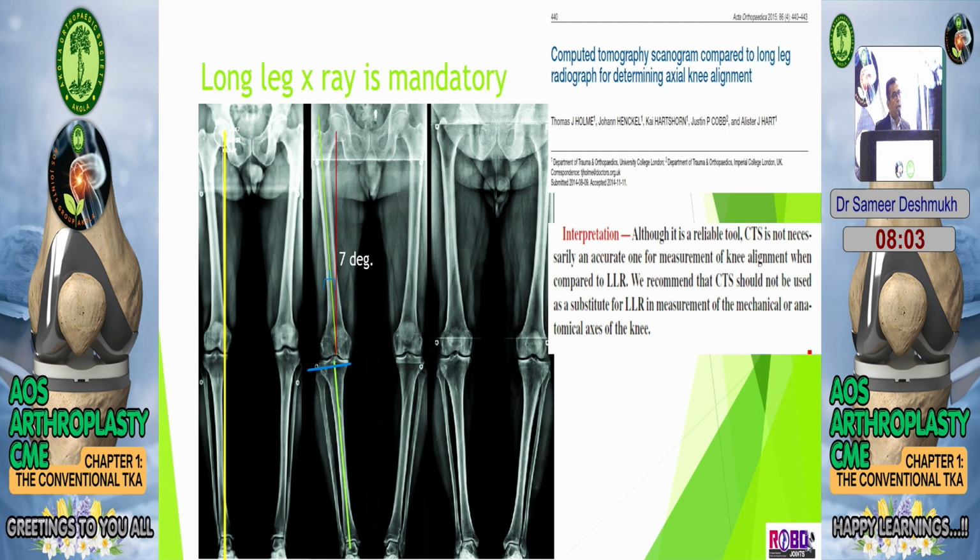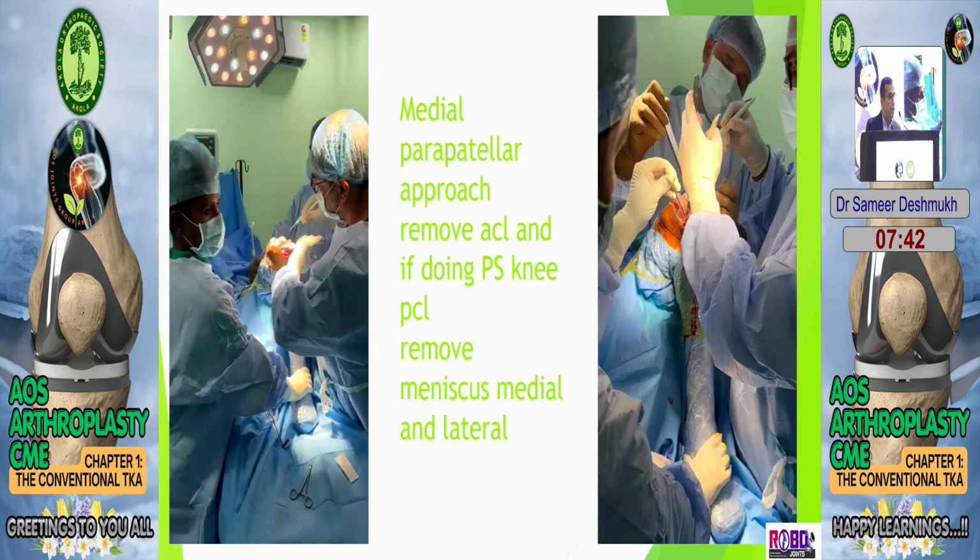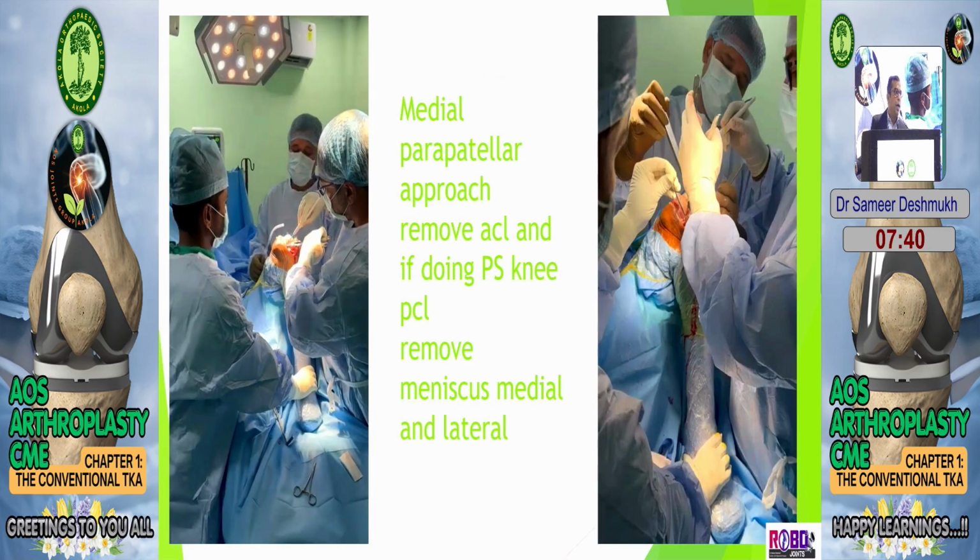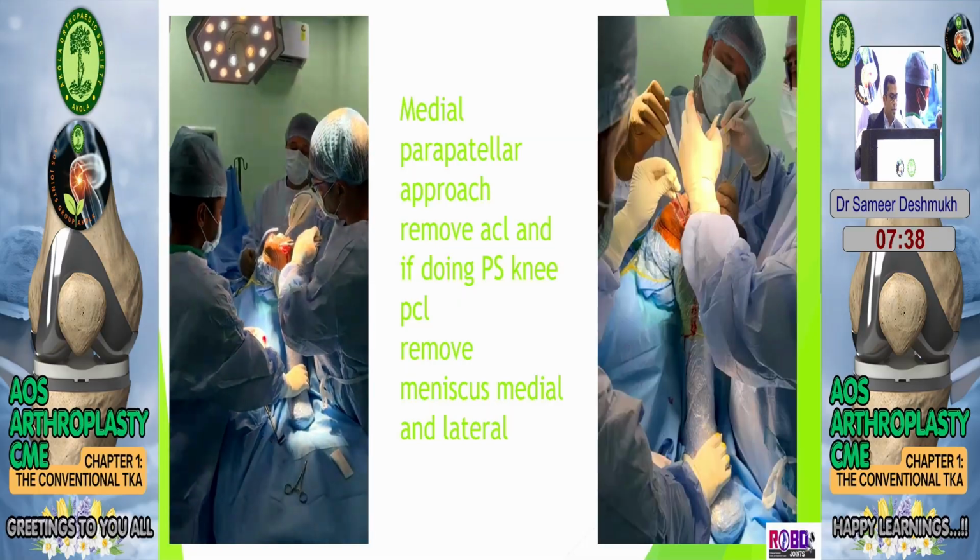These are the long leg x-rays, and they are mandatory if you are planning a conventional knee replacement, that is the mechanical alignment. So you always have to do long leg x-rays. Every time you should calculate the difference between the anatomical axis of the femur and the mechanical axis, and that should be given into the jigs.